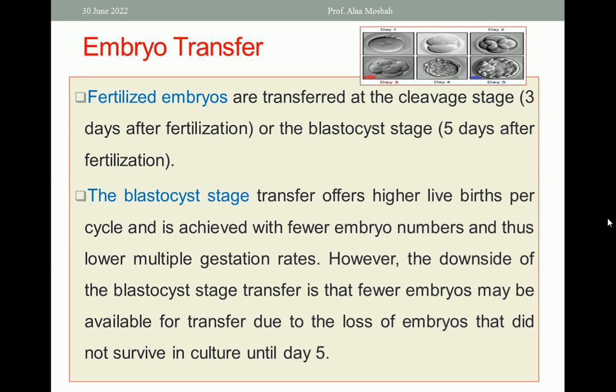The blastocyst stage offers higher live births per cycle and is achieved with fewer embryos and thus a lower multiple gestation rate. However, what is the disadvantage? The downside of the blastocyst stage transfer is that fewer embryos may be available for transfer. Why? Because we may lose embryos that didn't survive in culture until day 5.